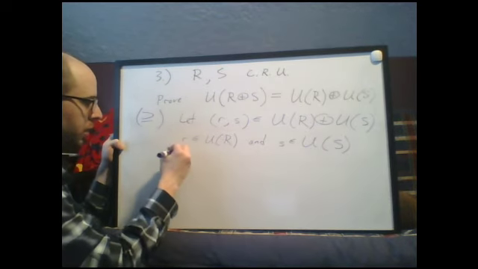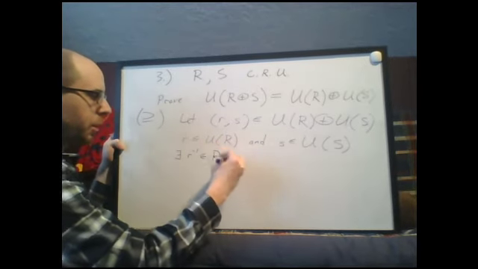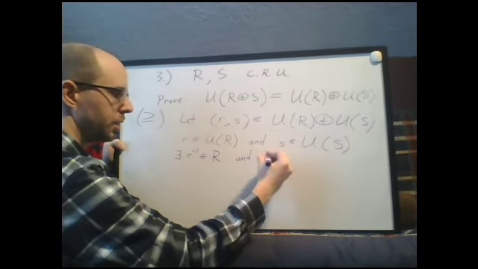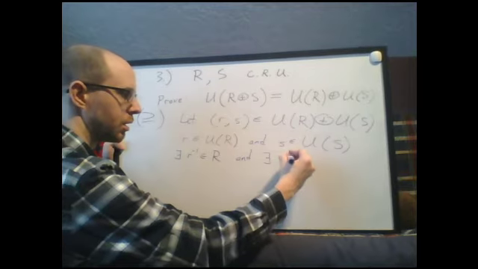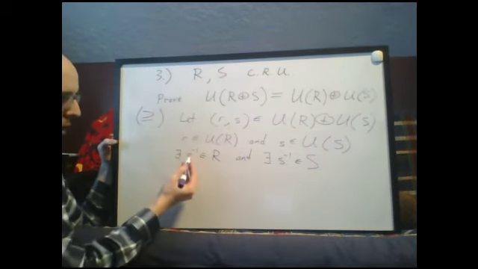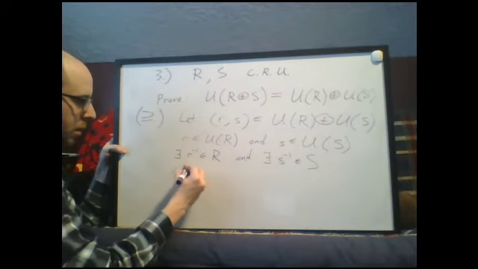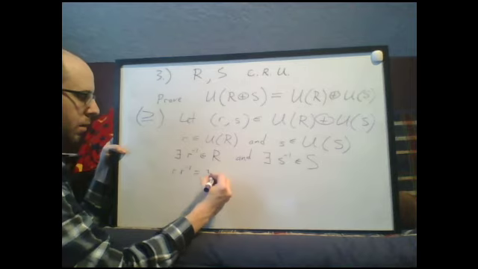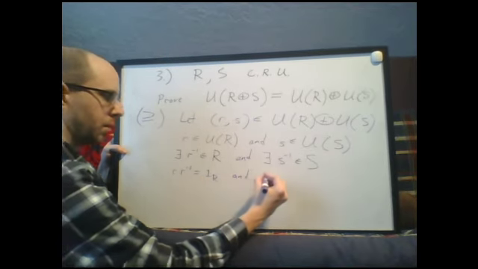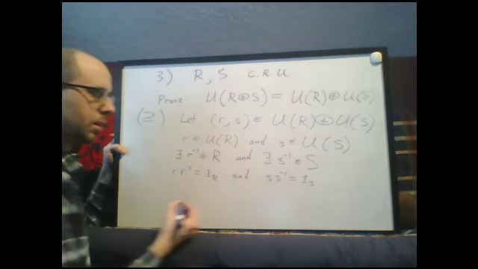So therefore, there exists r inverse in capital R, and there exists s inverse in capital S. And we understand r times r inverse equals 1R, and s times s inverse equals 1 sub S.